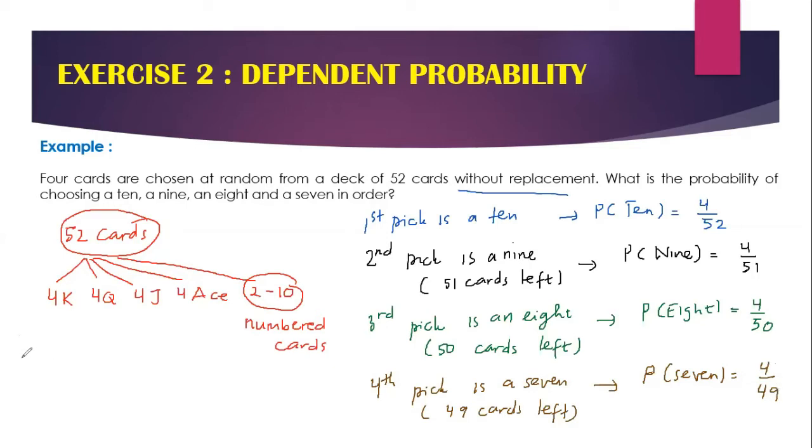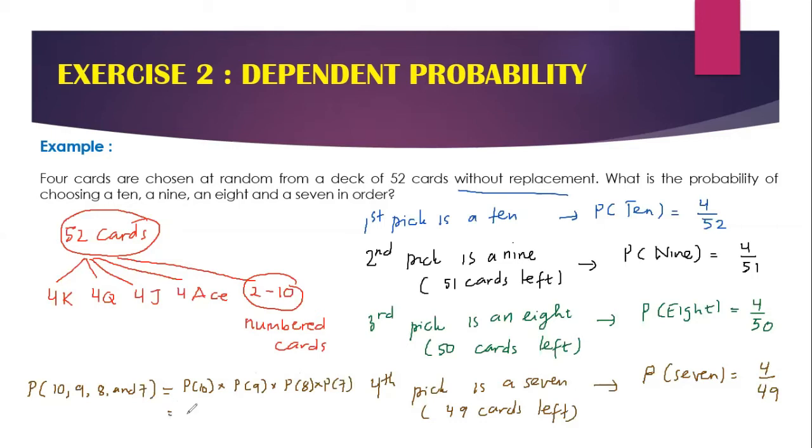So now we're going to conclude. What is the probability overall? The probability of 10, 9, 8, and 7 equals the probability of 10, times the probability of 9, times the probability of 8, times the probability of 7.